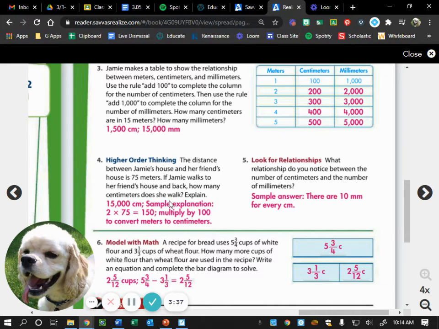So number 4, they said the distance between Jamie's house and her friend's house is 75 meters. If Jamie walks to her friend's house and back, how many centimeters does she walk? Explain. Well, we know one way from Jamie's house to her friend's is 75. She's walking to and from the house. So 75 plus 75 is 150, and that's 150 meters.